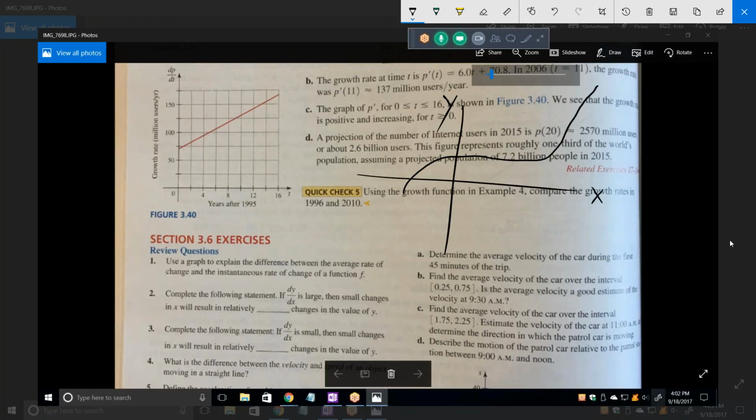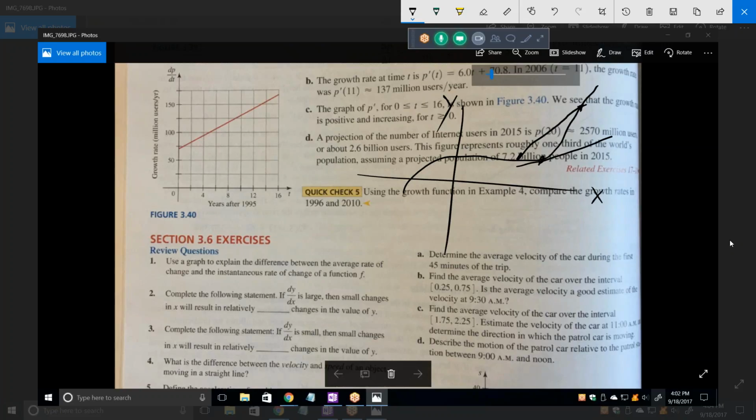So I'm going to draw an average rate of change, and then I'm going to draw an instantaneous one. What's the difference between those two? The top line is an average rate of change.